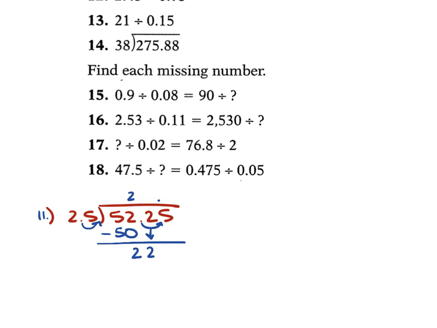We still cannot work with that, so that gives us a 0. From there, we bring down the 5. 25 goes into 225 9 times. 9 times 5 is 45. 9 times 2 is 18 plus 4 is 22. So we subtract those, we get 0. So this is just 20.9.